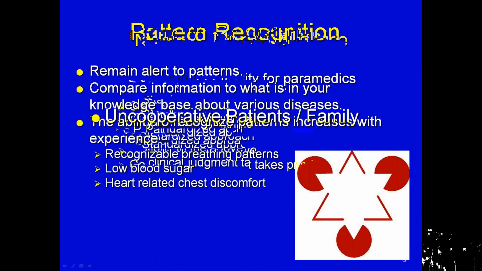If your patient is uncooperative, if your family members are uncooperative and being difficult, that's going to affect your ability to make good decisions. How compliant your patient is, not only with their existing medications or in the treatment of their existing disease, but also how compliant are they in answering your questions? How compliant are they in allowing you to provide your treatment?